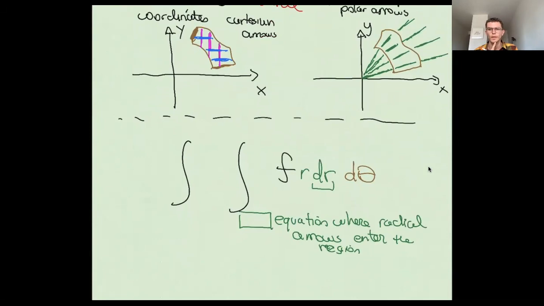This equation can depend on theta. And this is the equation where the radial arrows exit the region.